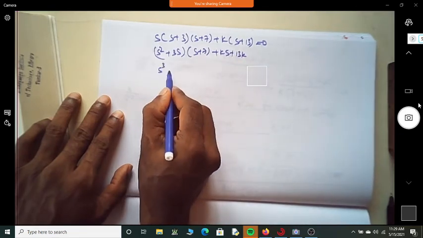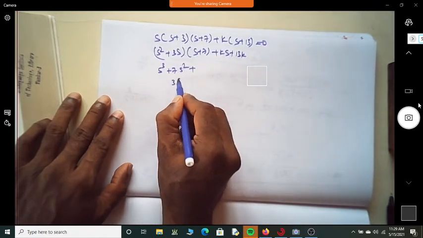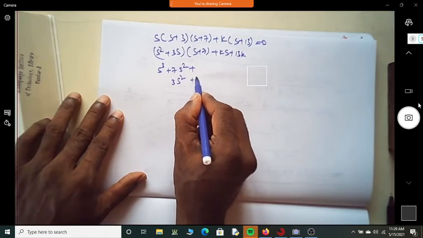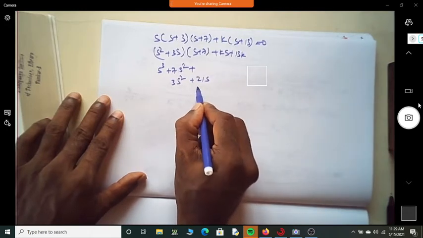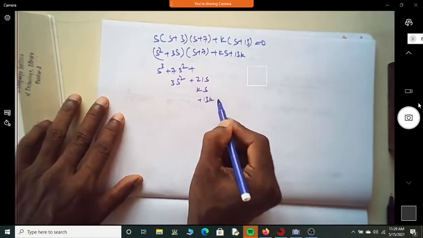Then it is S cube plus 7S square plus 3S square plus 21S plus KS plus 13K.